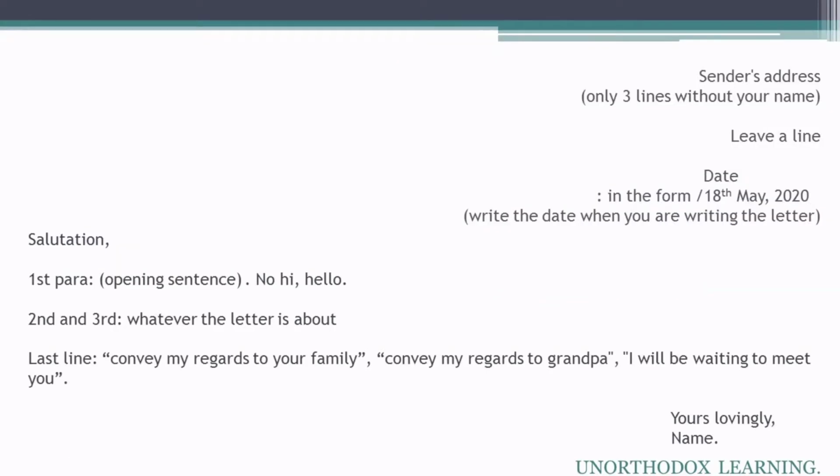Now the very first thing you have to keep in mind while writing an informal letter is that in the traditional format you begin with the address of the writer, meaning the sender's address. Sender's address is written at the top right hand corner of the page, in 3 lines.